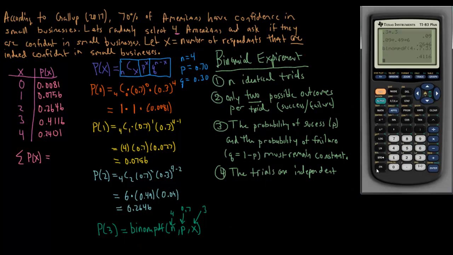So let's see. 0.0081 plus 0.0756 plus 0.2646 plus 0.4116 plus 0.2401, and hopefully we're good. Yes, we did get 1. So we're good there. If that had not equaled 1, we would have had a problem somewhere.